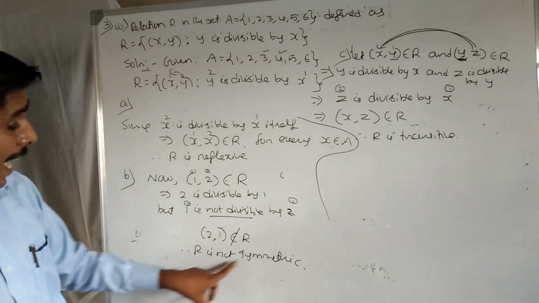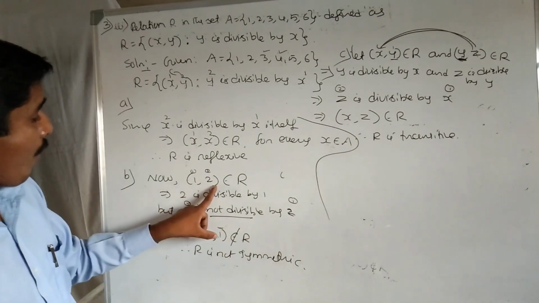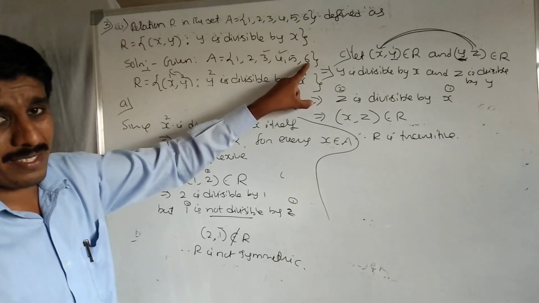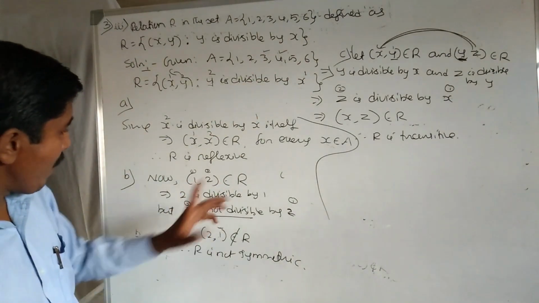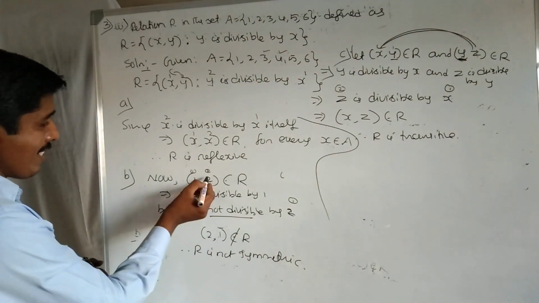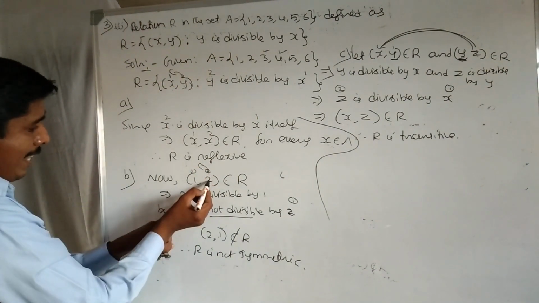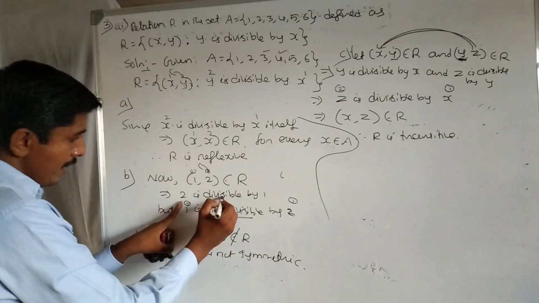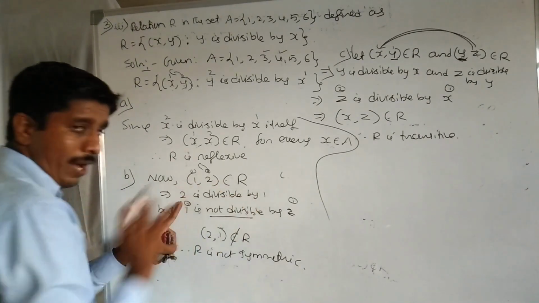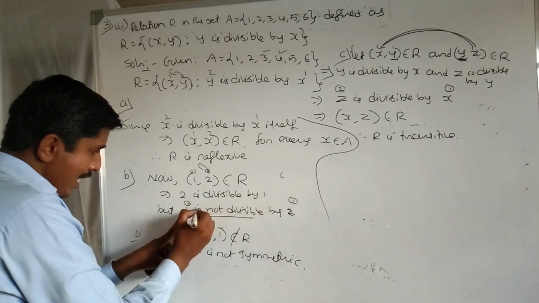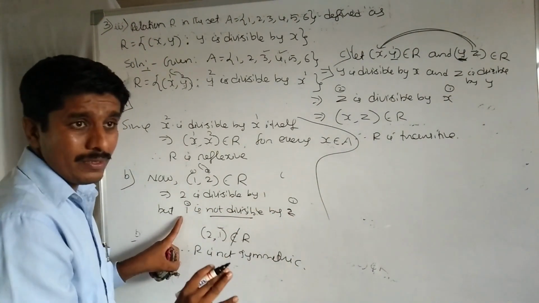But for proving it is not symmetric, we take one element: 1 comma 2, or you can take 1 comma 3, 1 comma 4, 1 comma 6, like that. 1 comma 2 belongs to R, which means it satisfies the relation condition. The second element 2 is divisible by the first element 1. But the reverse is not true: 1 is not divisible by 2.